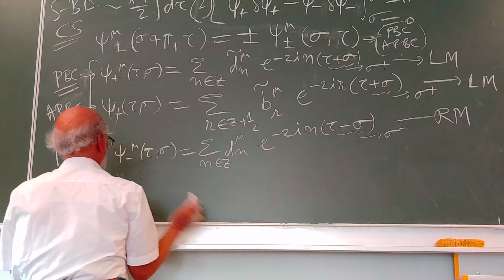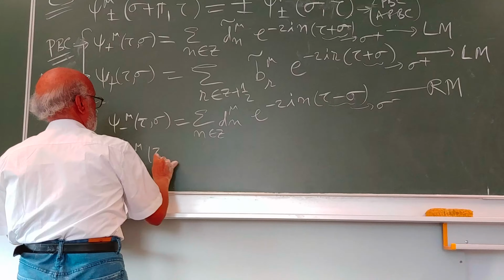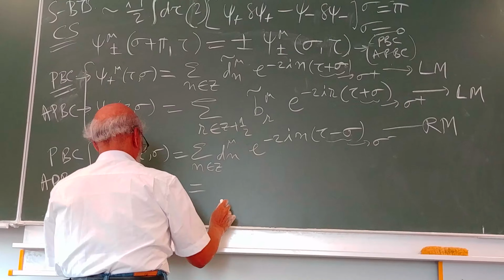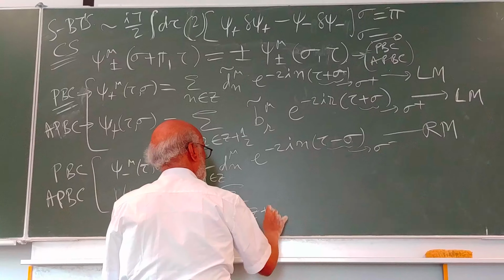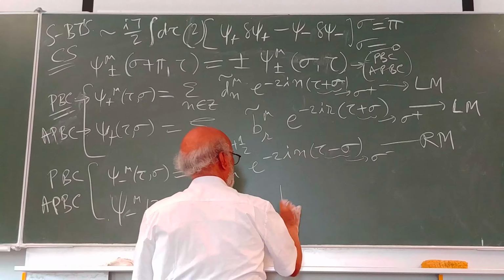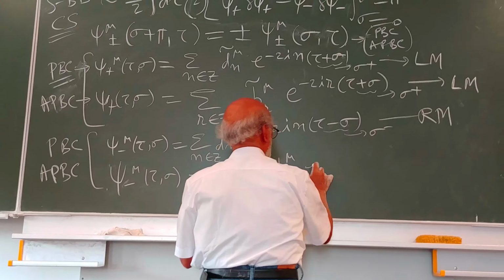And I would have one more choice, psi minus of mu (tau, sigma), from r in Z plus 1/2, b r mu e to the power minus twice i r (tau minus sigma).